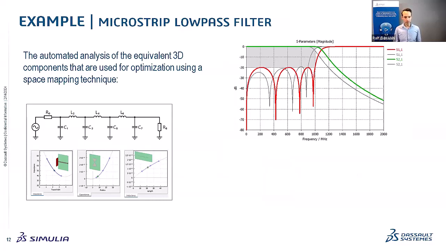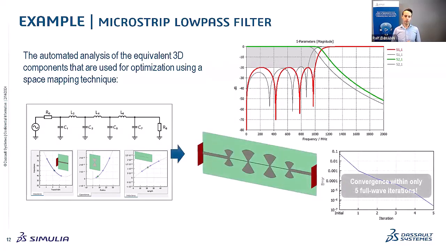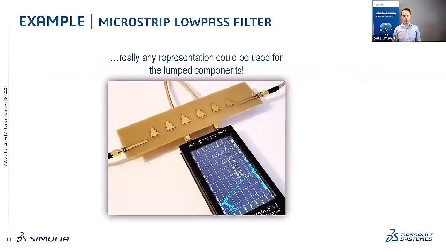You can see the design curves there quickly, and it builds the model for you. And again, it optimizes it for you. Within 5 full wave iterations, you can see very nice convergence for this low pass filter. Now, really any component that is equivalent to the L or the C can be used. Here you can see a shunt capacitor in the form of a Christmas tree. And the measured results look pretty good.